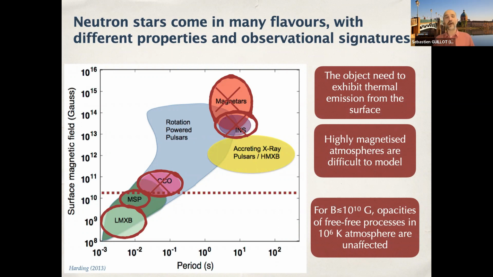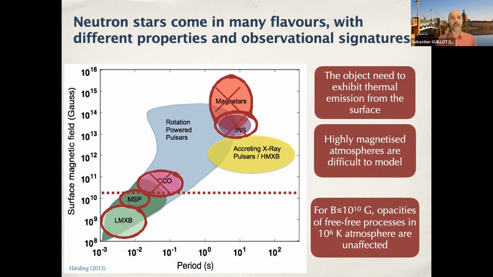So if we want easy-to-model thermal emission, it's easier to focus on low magnetic field neutron stars. This is because the opacities in the radiative transfer, the opacities in the atmosphere, are dominated by free processes, and they are completely unaffected for magnetic field below 10 to the 10. So it's easier to focus on those objects.